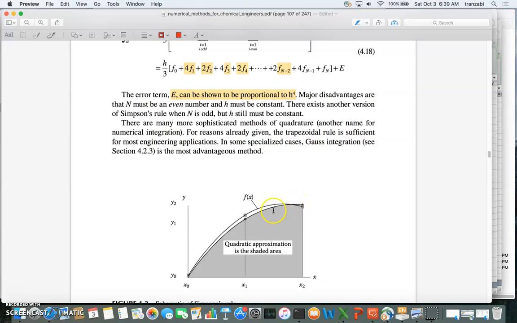And that parabola most likely is not going to be exactly on the curve. It's going to be this darker line right here in the bottom. Simpson rule says we're going to approximate the curve by this parabola. And then we're going to calculate the area under the parabola. So the difference between the area on the parabola and the function is this little white area right here. And it's proven that this area adds up to about or proportional to the delta x raised to the 4th power.